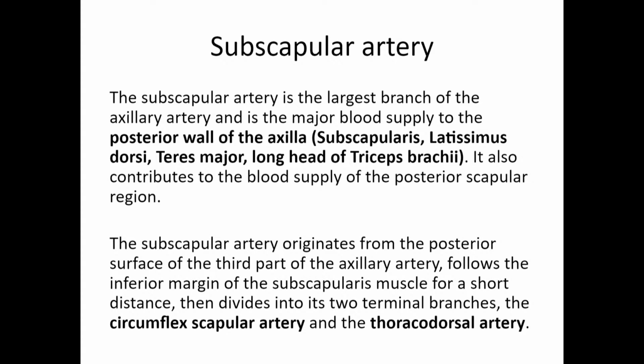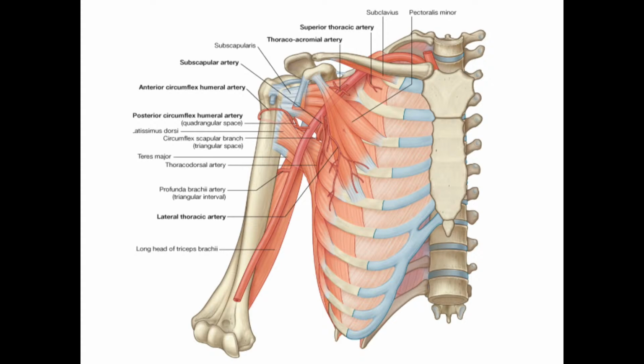And now let's see the photo for it. So this is our third part of the axillary artery, right below the pectoralis minor. I showed it with the mouse, and now I will show you here. So this is our subscapular artery, and one of the branches is the circumflex scapular branch.